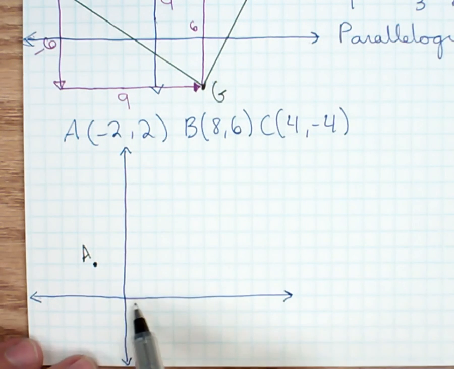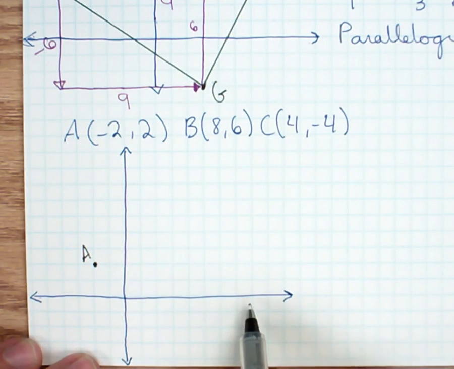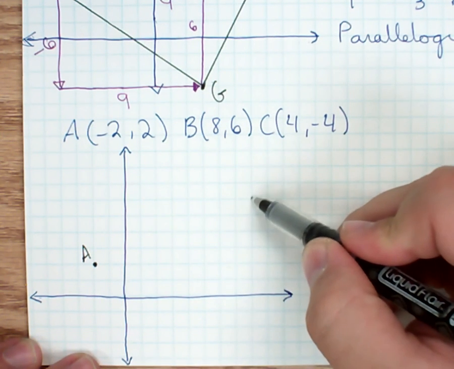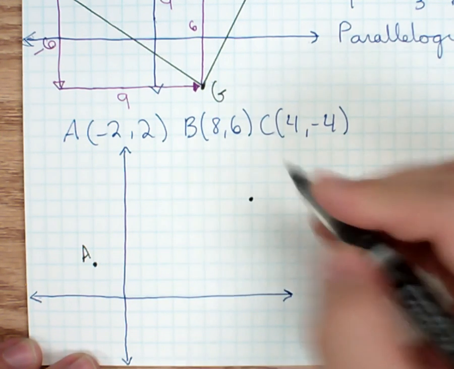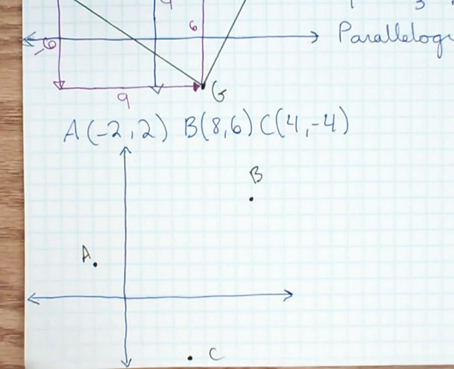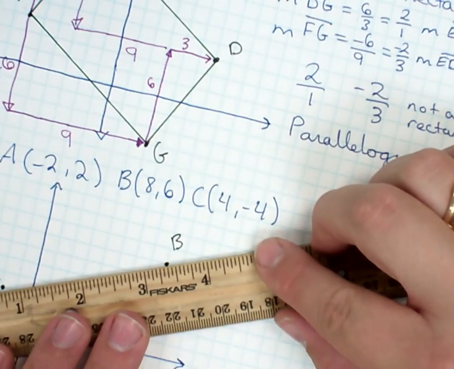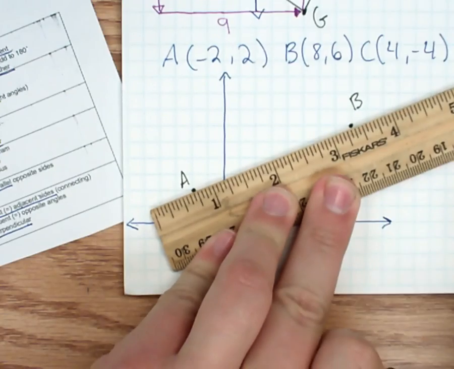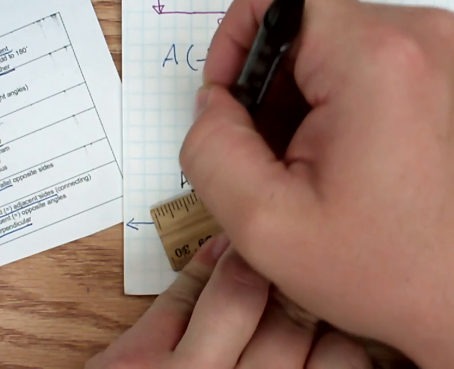Point B, which is (8, 6), so over 2, 4, 6, 8, and up 2, 4, 6. And point C, which is (4, -4). All right, I'm going to draw these lines in with a straight edge. Oh, sorry. Didn't realize I wasn't showing.